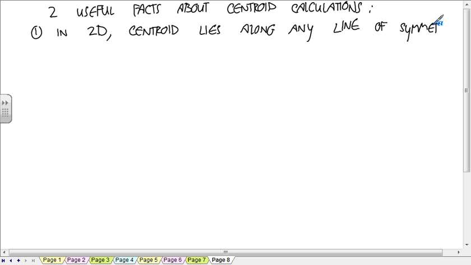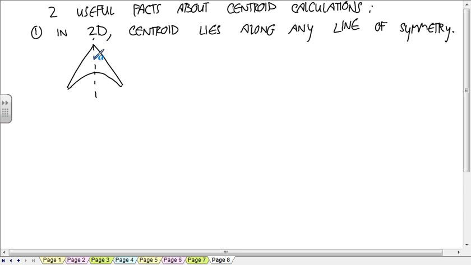For example, with a shape like this, this is a line of symmetry. And so without doing any calculations, you can find the x coordinate of the centroid. And then all you have to do is find up and down where the centroid lies.